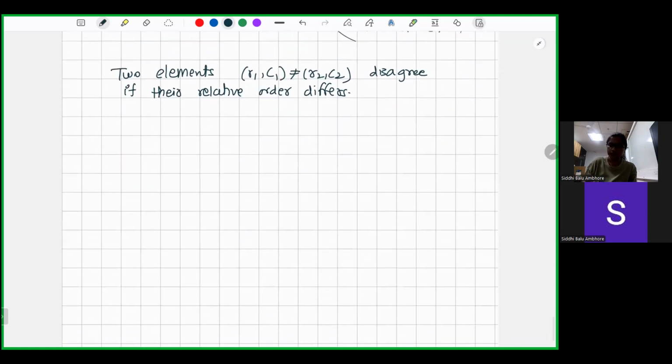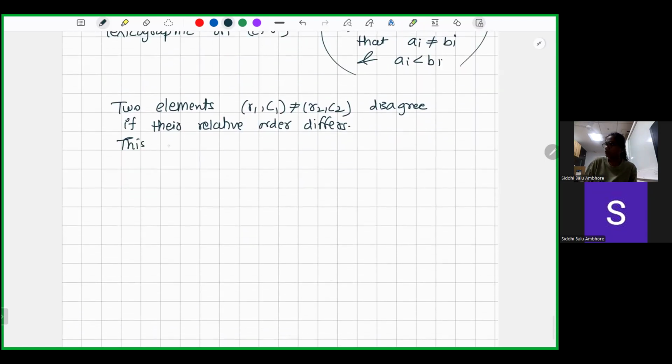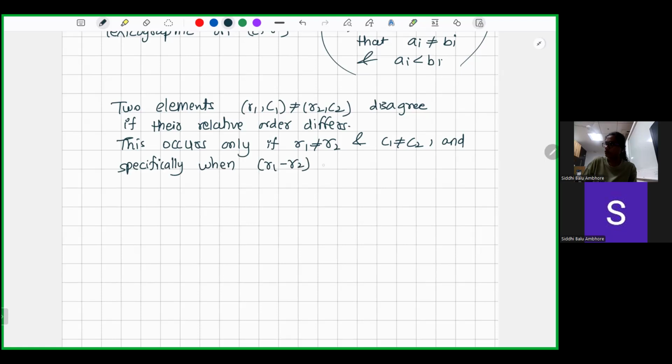This occurs only if R1 is not equal to R2 and C1 is not equal to C2, and specifically when R1 minus R2 and C1 minus C2 have opposite signs.